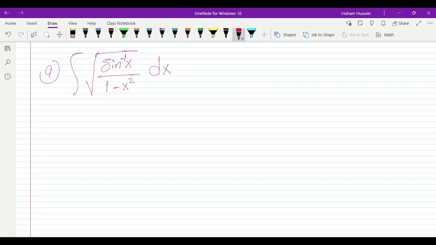The same here is problem 9. Problem 9 is the integration of root sine inverse x divided by root 1 minus x squared. So we can reformulate this function to clarify where is the main function, where is the inner function, where is the derivative of this inner function. So we can write this function to be sine inverse x, but here to the power half, times 1 over root 1 minus x squared dx.